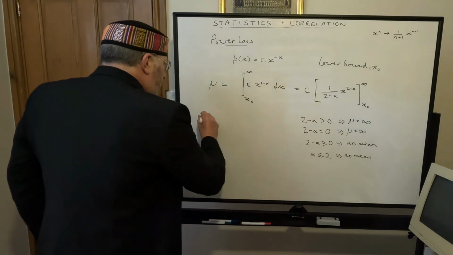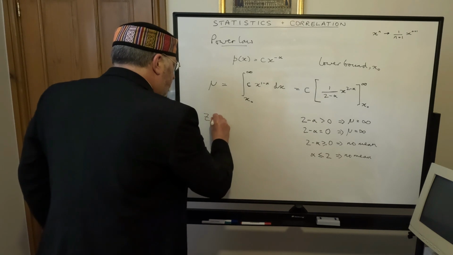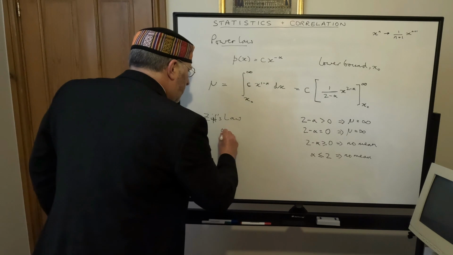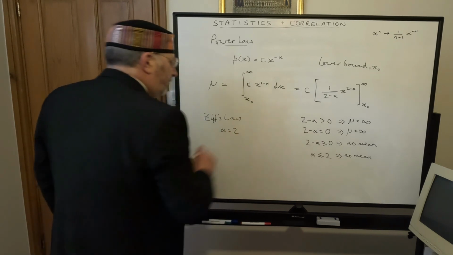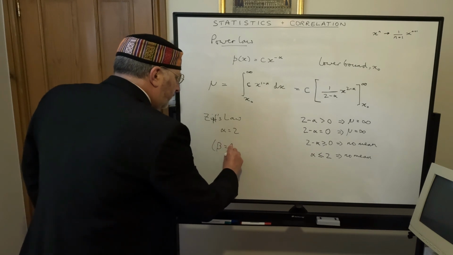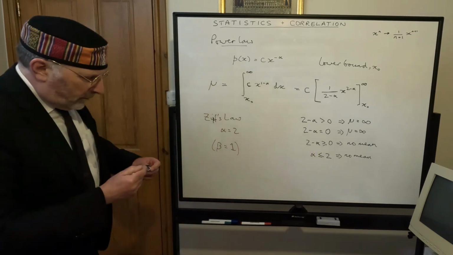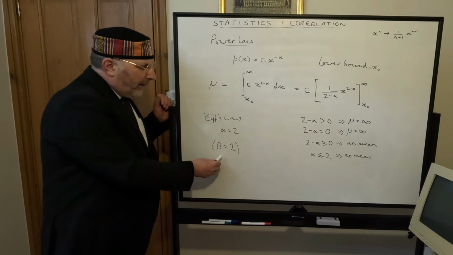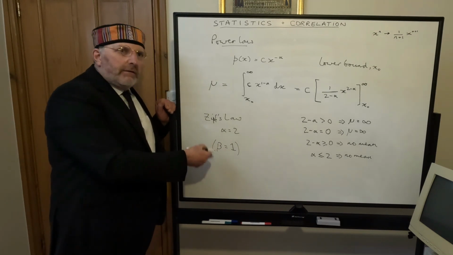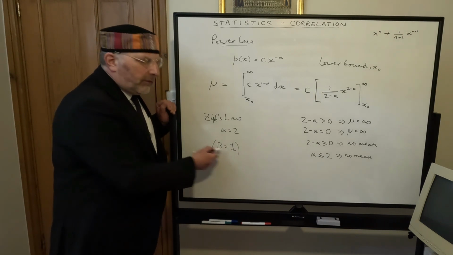And for Zipf's law, alpha equals 2. You may remember that on the rank size plot, when I talked about the power laws, we used the name beta for the exponent of the power law. That is equal to 1.